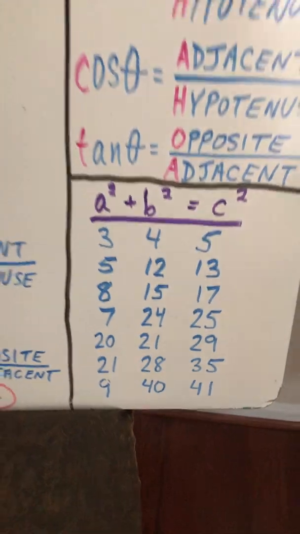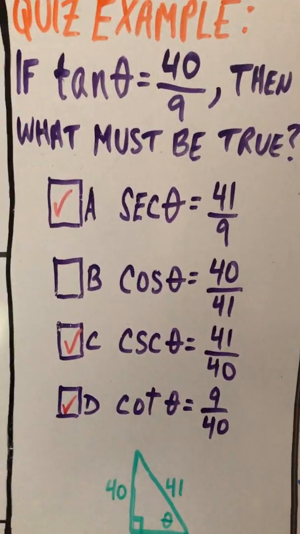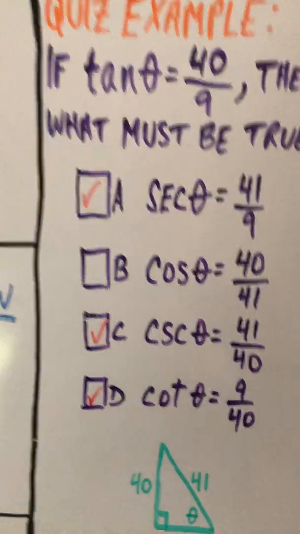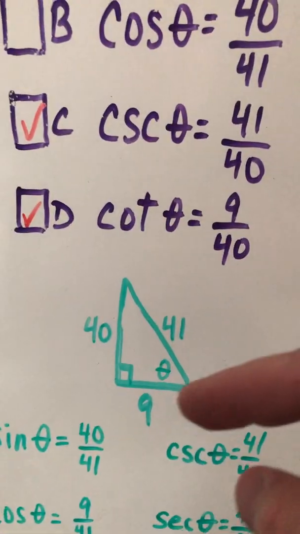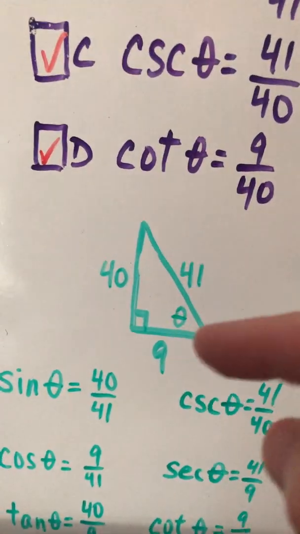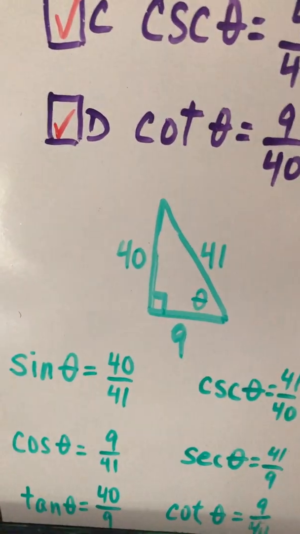So if you set up your triangle, you've got this. If tan is 40 over 9, here's my theta, and here's 40 over 9.